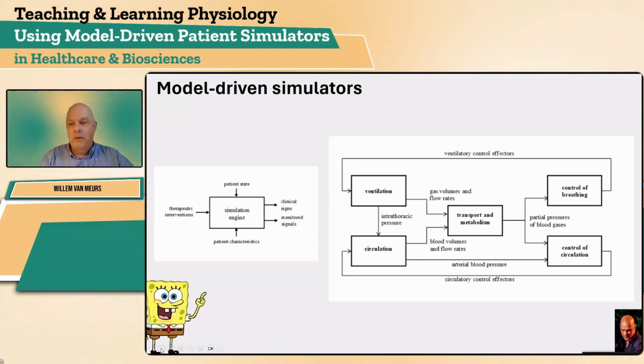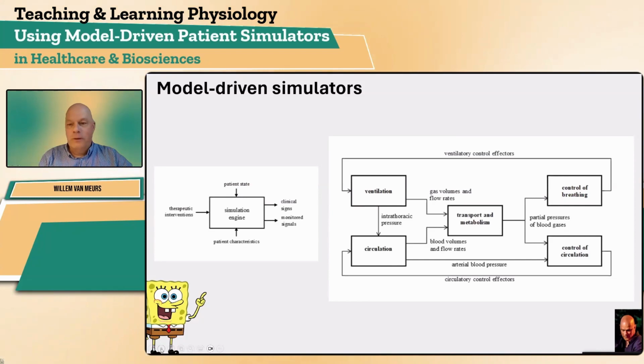And you may remember from your physiology classes the ventilation perfusion ratio, VQ, and a VQ mismatch, that all happens at the transport and metabolism level. When oxygen and CO2 and drugs get mostly to the brain, but sometimes to other effect sites, they start influencing both breathing and circulation.